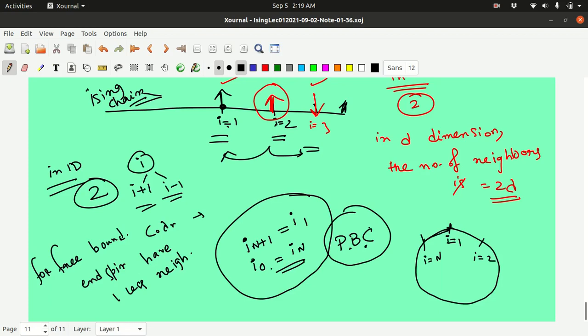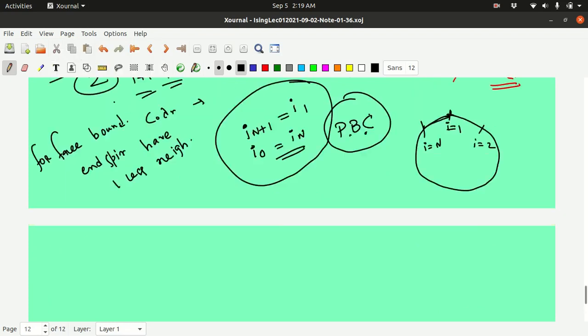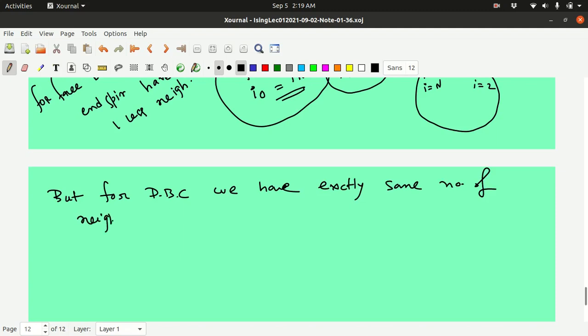But for PBC, that is one of the importance of using PBC, we have exactly the same number of neighbors for each spin.